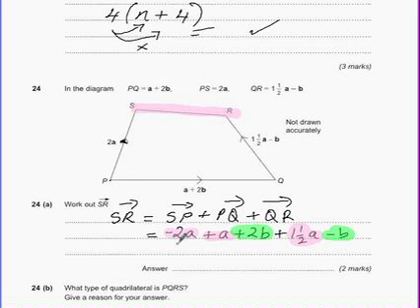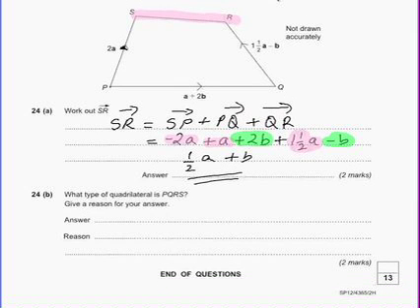So let's take a look at the A's. Minus 2A plus A is equal to minus A, and plus 1.5A, how much does that leave me with? I'm left with half A. All right, so the A's are done. Let's take a look at B. I've got 2B, take away B, so I'm left with just the B. And there's my answer. So that's giving me 2 points.